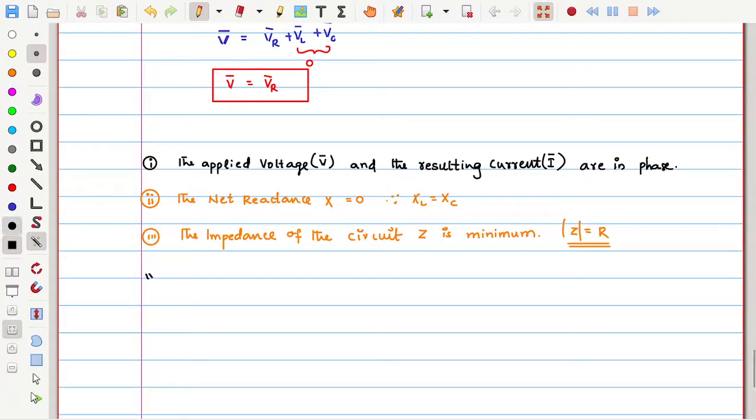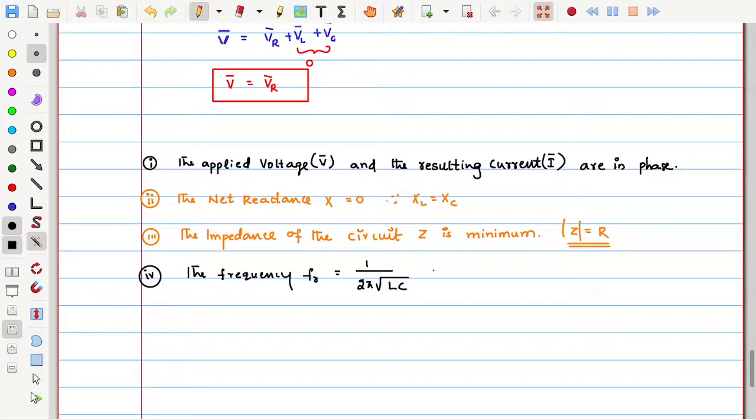Next, the fourth point is regarding the frequency. Fr is the resonance frequency, which is equal to 1 by 2 pi square root LC.